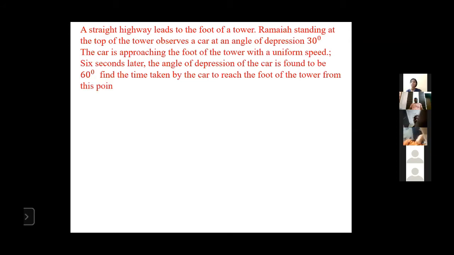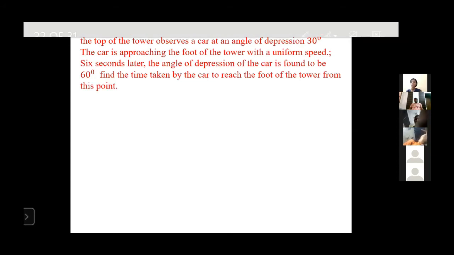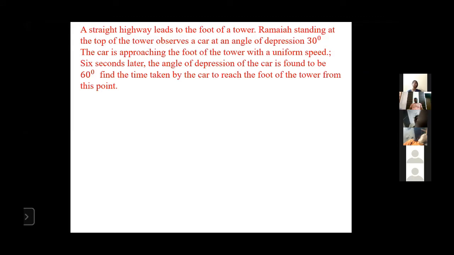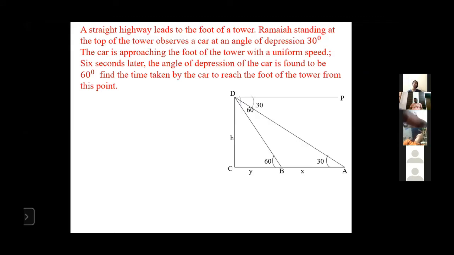From this point, here CD is the tower, the height of the tower, and at position D, Ramaya is standing and observing a car which is at position A with the angle of depression 30 degrees.